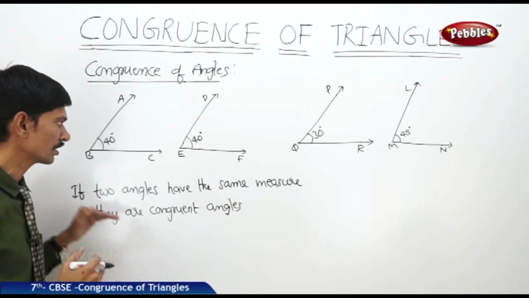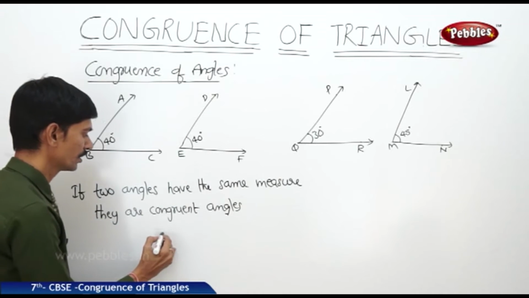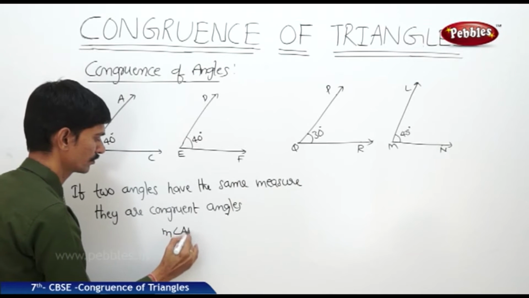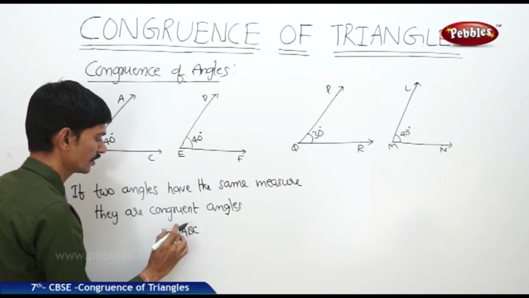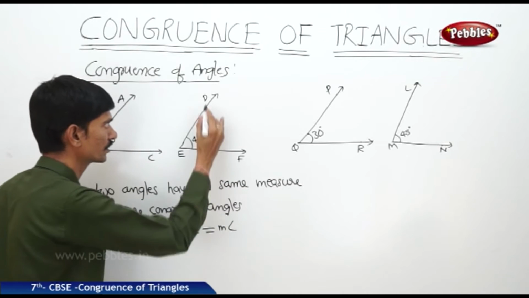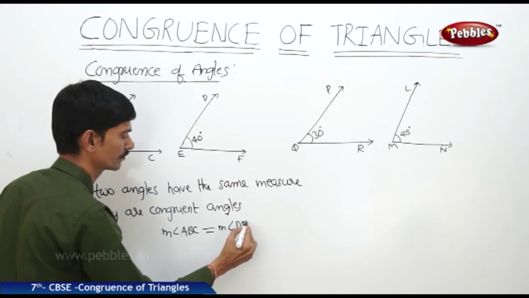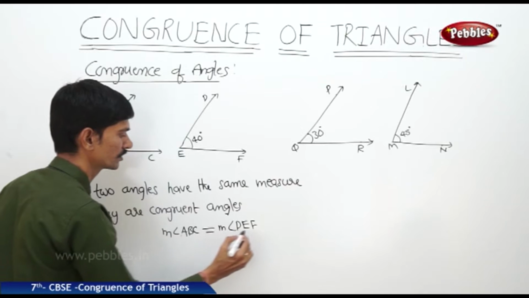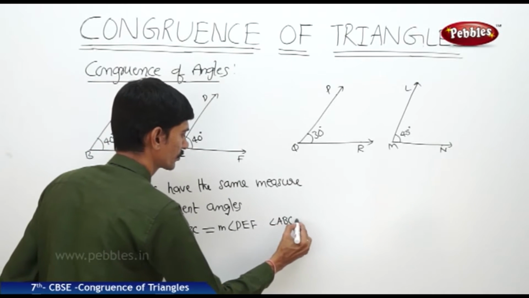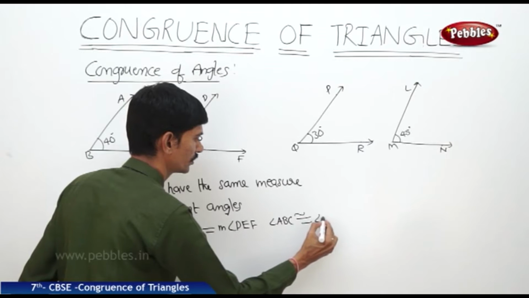Now if two angles are congruent, then we can write: if the measure of angle ABC equals the measure of angle DEF, then angle ABC is congruent to angle DEF.